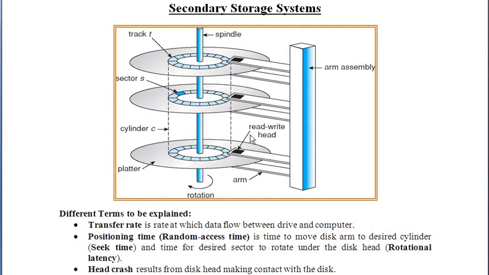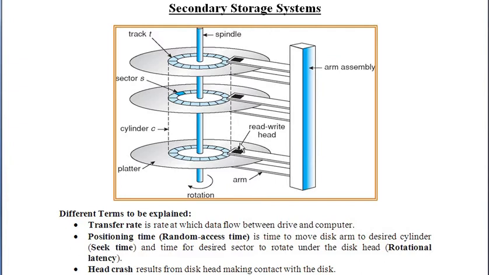Okay, and here we have an arm supported by a read write head, which is on the tracks of the platters. So this read write head will help us to read information from the secondary storage and even write information to the secondary storage.